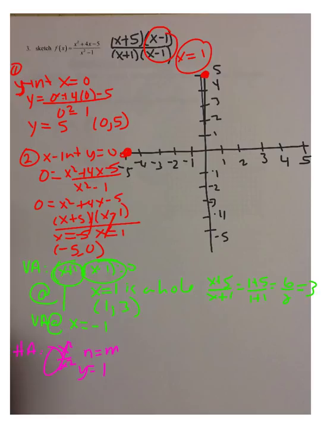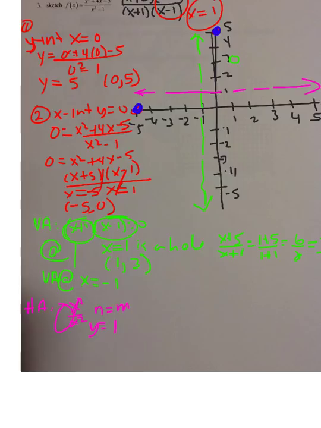Let me be using blue here. I also have a hole at 1, 3. And I have a vertical asymptote at negative 1, and a horizontal asymptote at y equals 1. Okay, so let's make a table of values and find some other points.